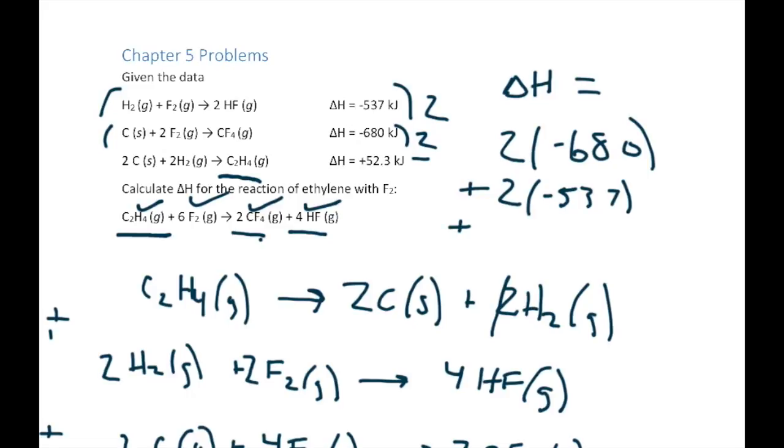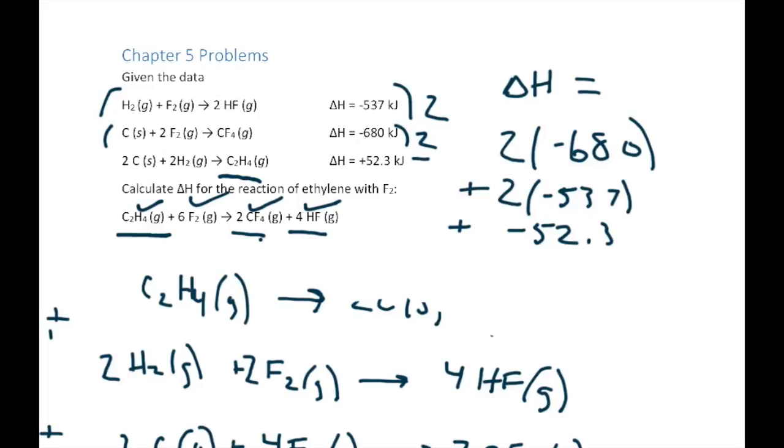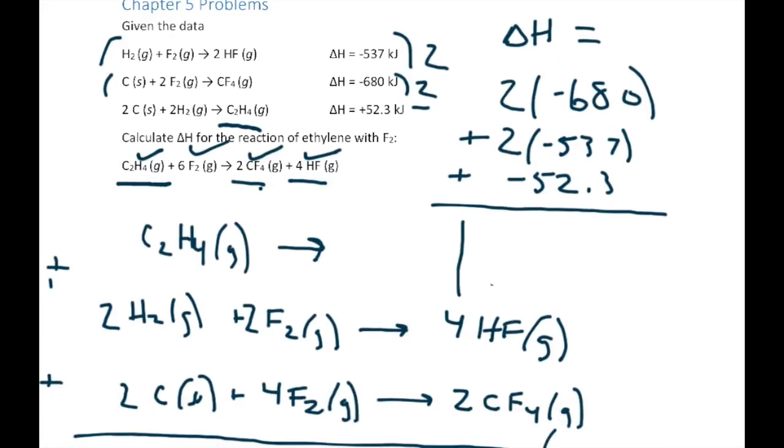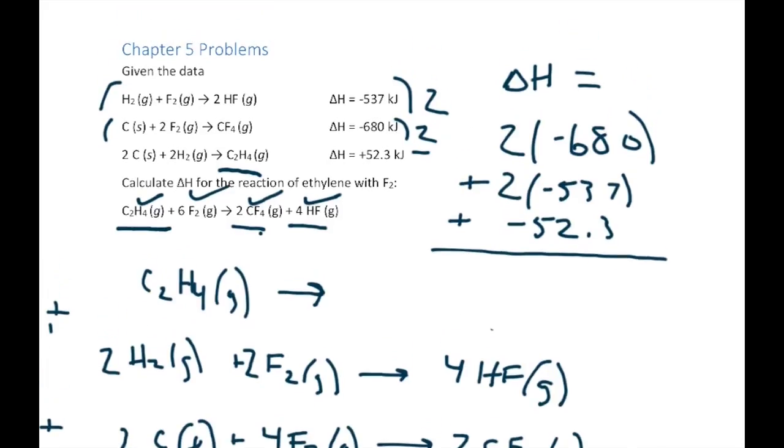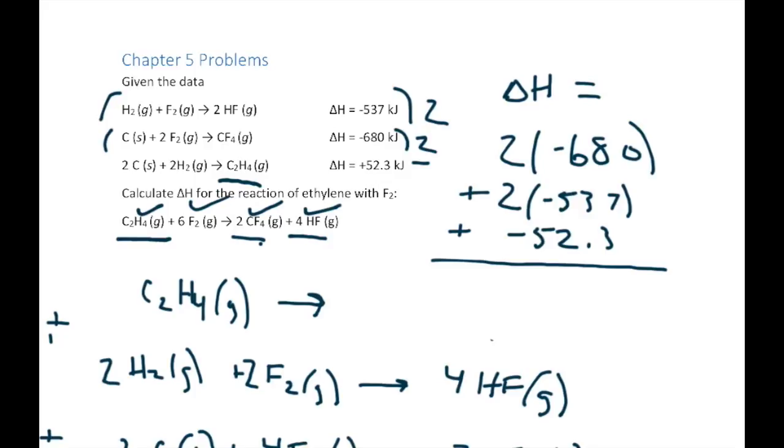And the last one, we inverted the reaction. So we're going to add a negative delta H value. And I'm just going to erase this just a little bit. Okay, so we multiplied the first delta H value by 2 and the second delta H value by 2. And the third reaction, we simply inverted. So therefore, we make the delta H value have the opposite sign, which in this case would go to a negative sign.